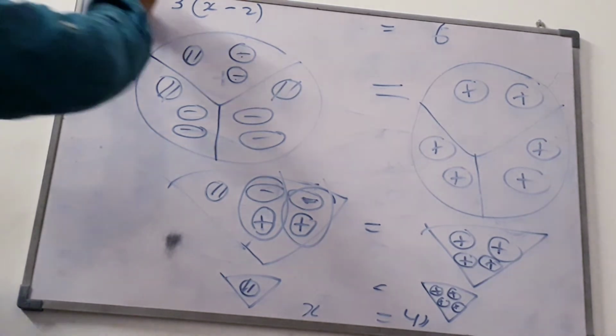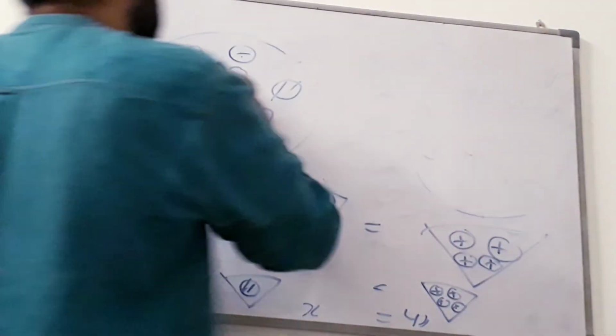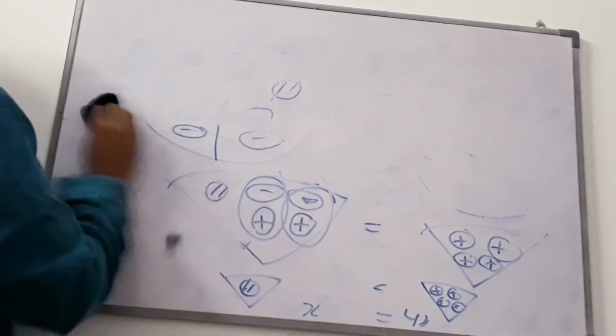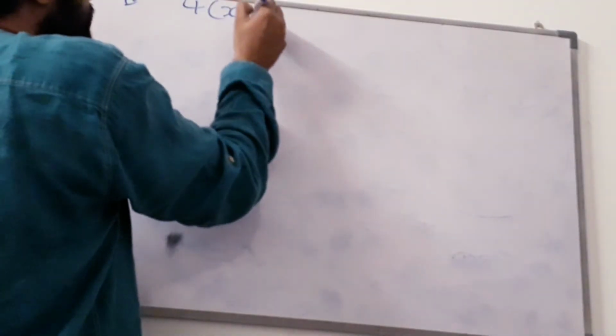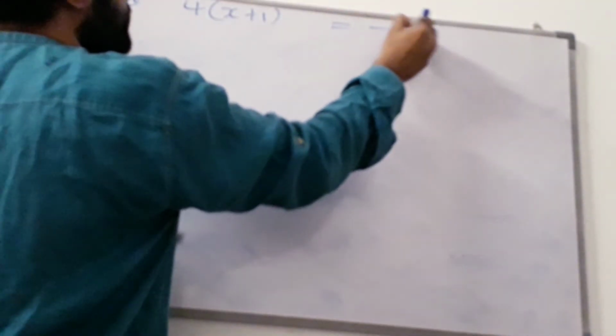Final sum. Fourth sum, or final sum, what we are going to do is 4 times x plus 1 equals minus 4.